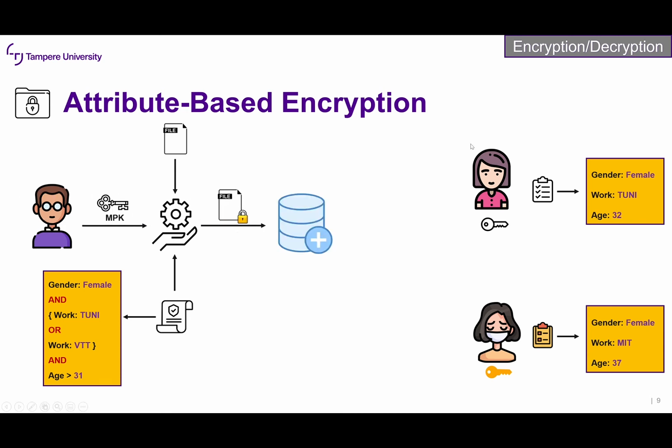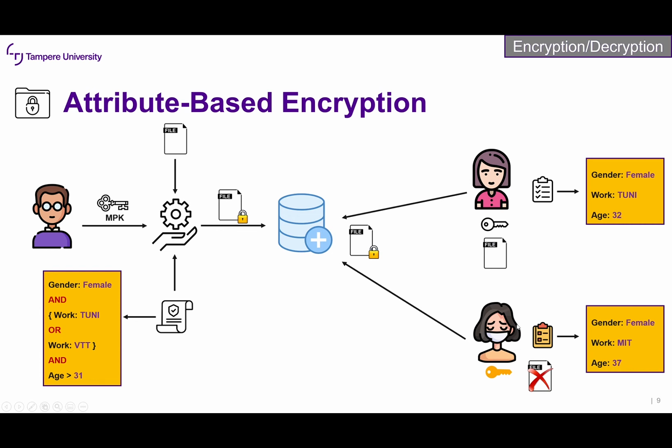So Bob basically encrypts his file, and this generates a ciphertext of his original file that is stored somewhere in the cloud, right? Now, at some later point, both users will try to use their key to decrypt that file, right? And what will happen is that Alice will be able to decrypt the file successfully because her attributes satisfy the policy. You see, the gender is female, which she has, she works at Tuni, which satisfies the policy, and she's over 31 years old.